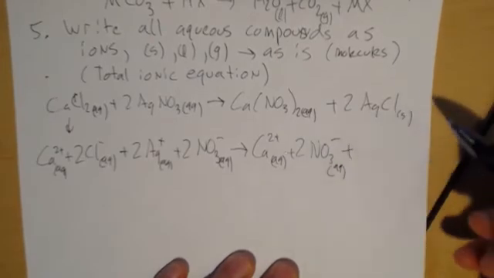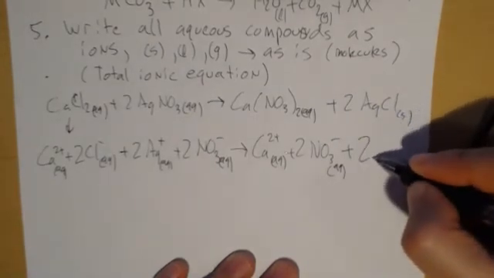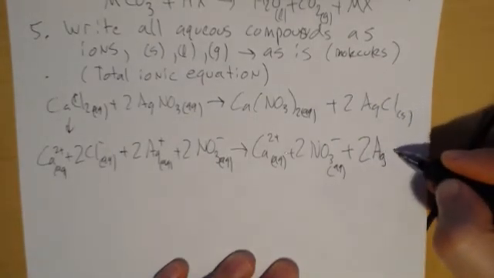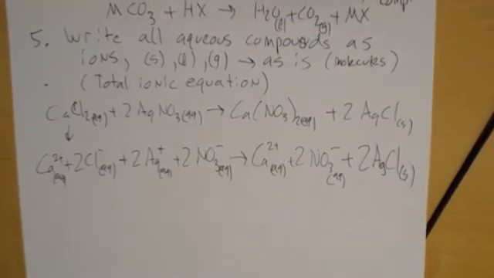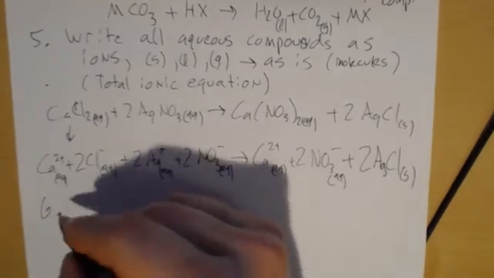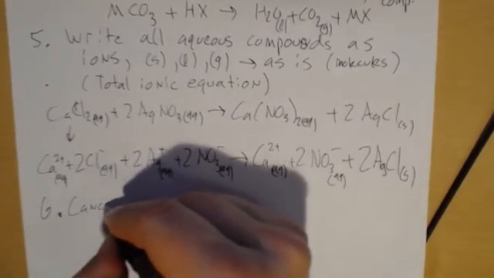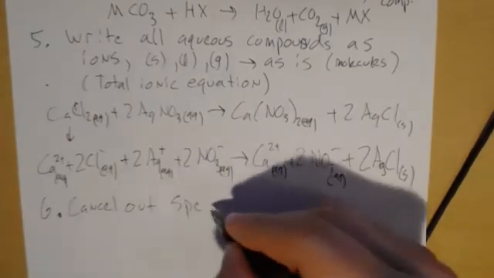And then plus, this one doesn't get broken apart, so I'm just going to leave it: 2AgCl solid. Okay, so that's step 5. Step 6, cancel out spectator ions.